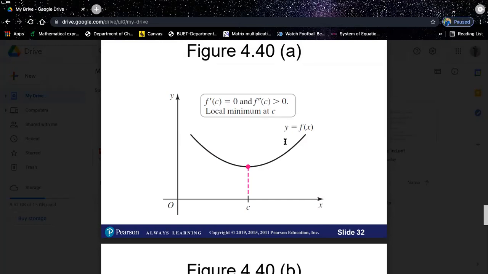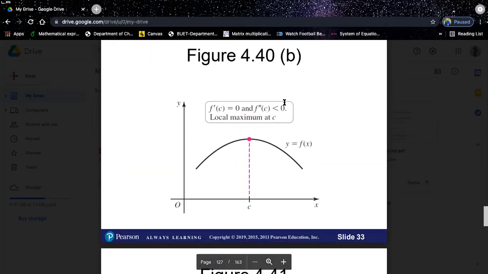And since you can eyeball a minimum point here, you can straight away say we have a local minimum here, so the second derivative will be positive. Okay, you might see a question like this.